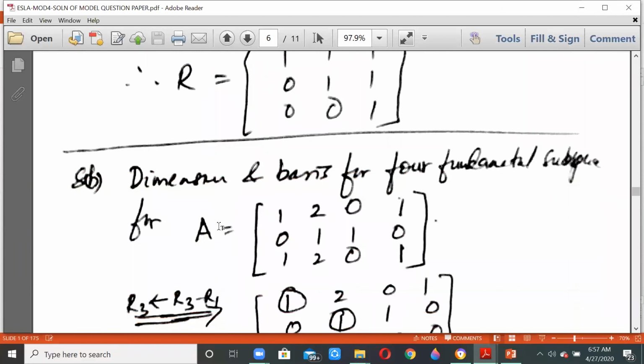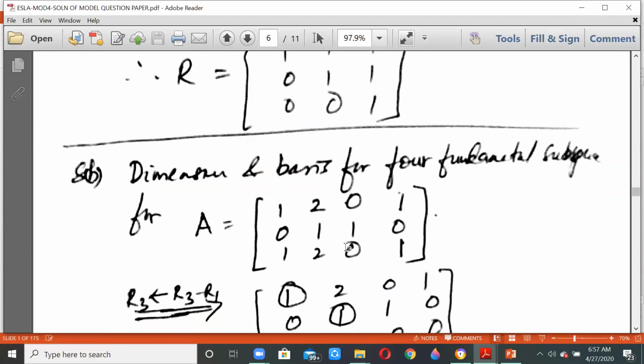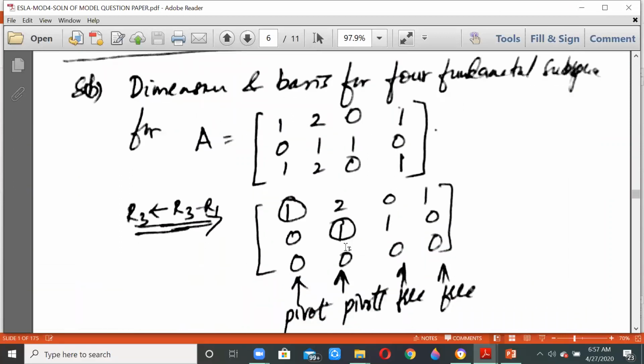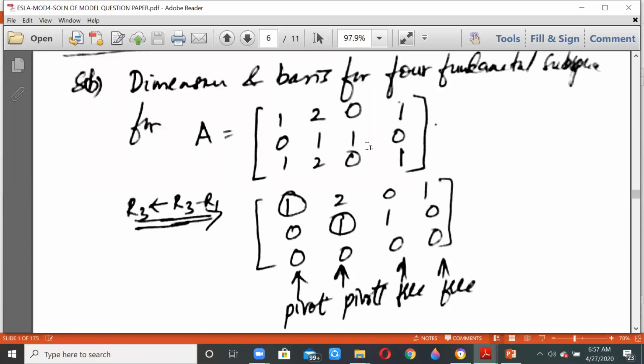8B is: find the dimension and basis for the 4 fundamental subspaces for the matrix which is given over here. So again, we can find the LU decomposition for this. This is already 1, and hence this is already 0. We need not bother. We should somehow make the third one zero, so R3 becomes R3 minus R1.